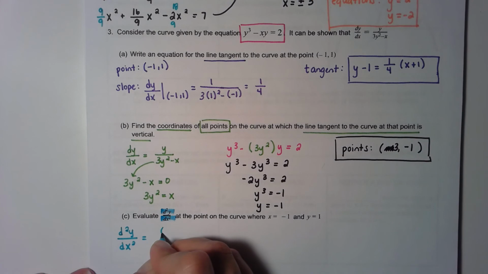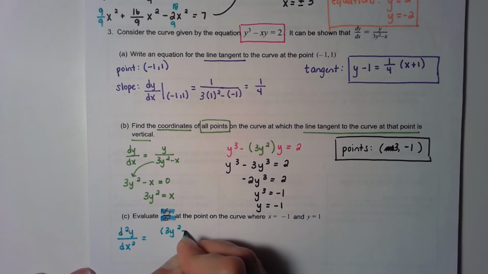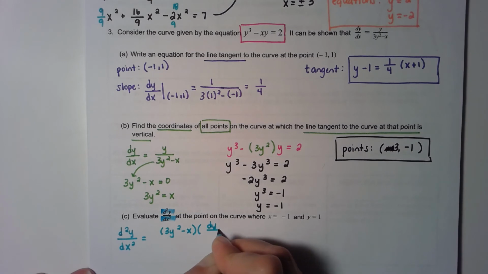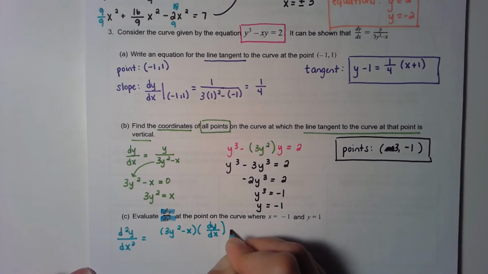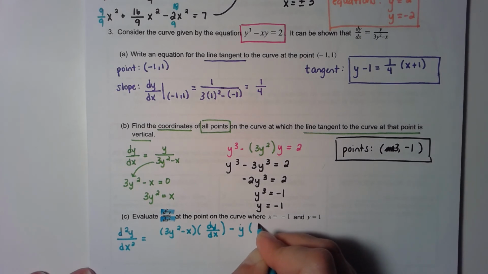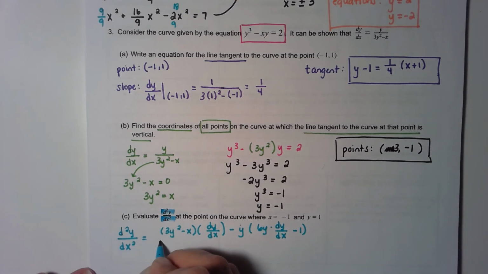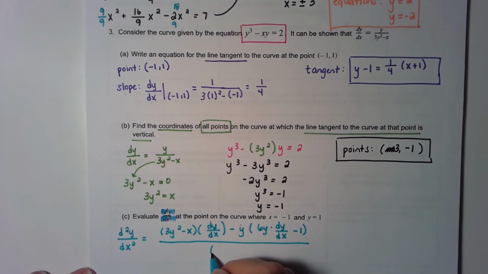So I'm going to have low, which is 3y squared minus x, and then d high, which is dy over dx, minus high, which is going to be y, d low, which is going to be 6y times dy over dx minus 1, all over low squared.